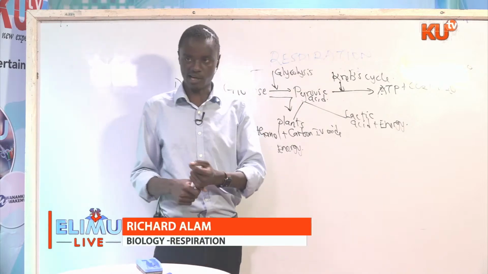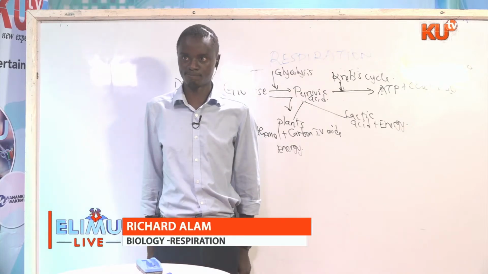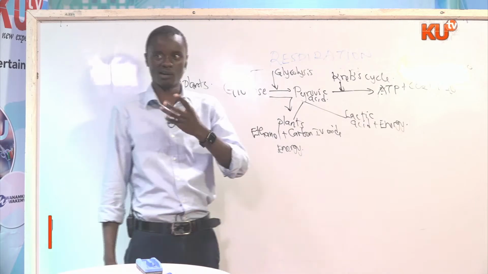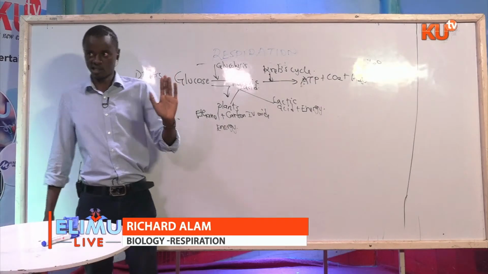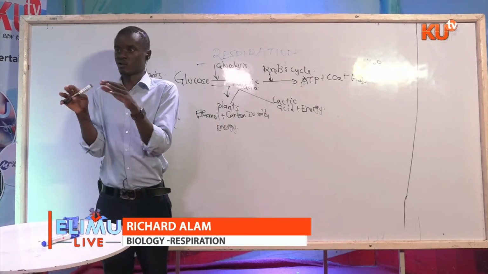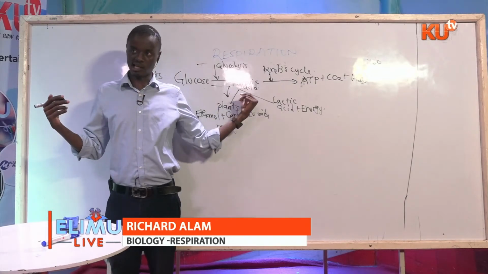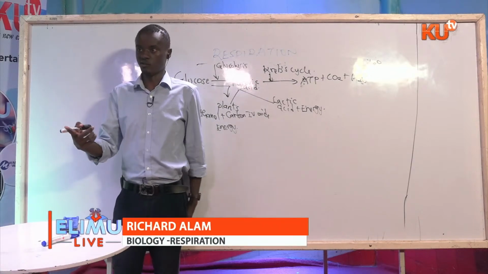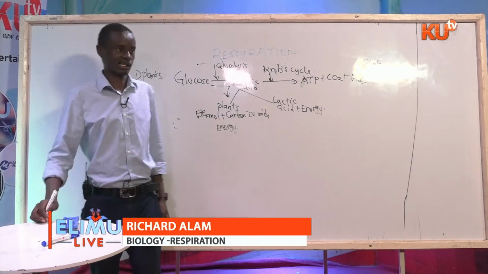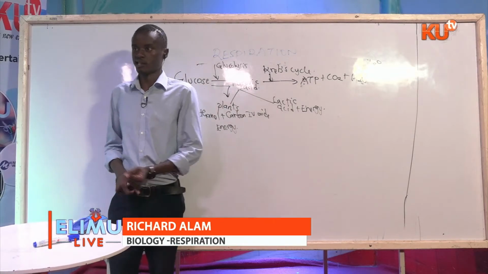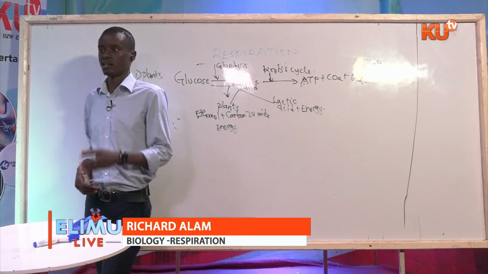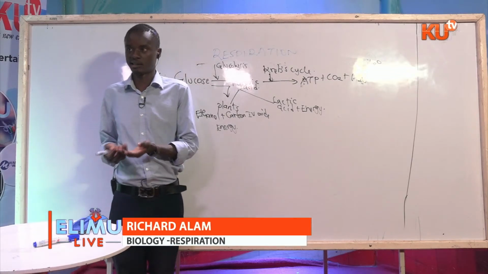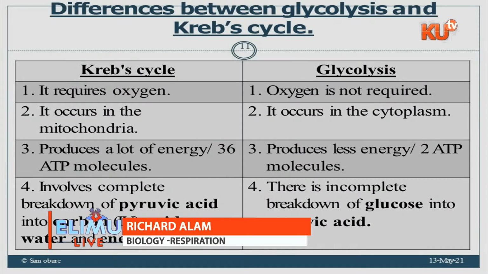Now, let's see the differences between glycolysis and the Krebs cycle. The most important point you want to emphasize is that glycolysis occurs in the cytoplasm, while the Krebs cycle occurs in the matrix of the mitochondria.